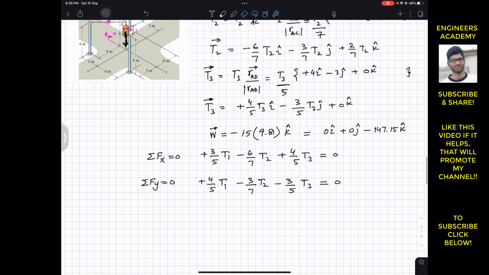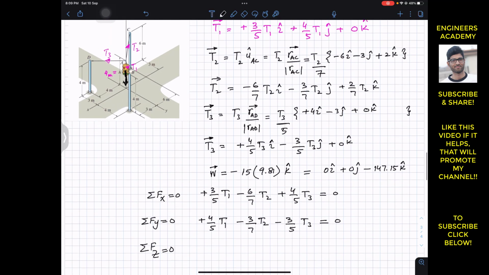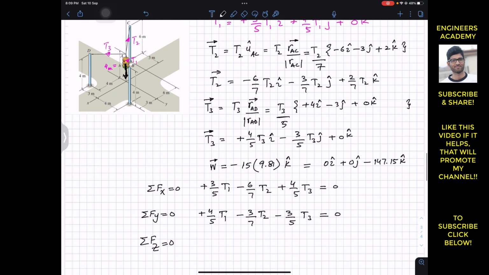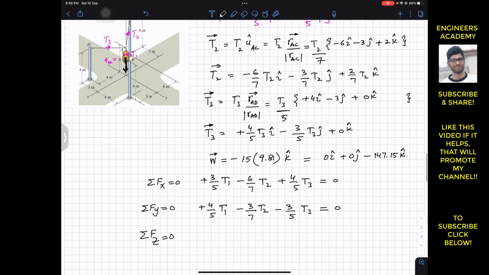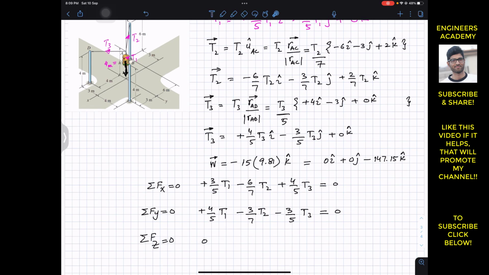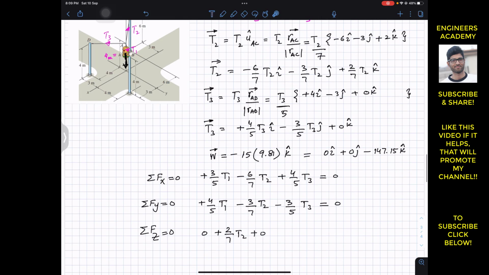And similarly the summation of the forces along the z-axis must be equal to 0. So we need to add up all the k components. So the k component of T1 is 0, so we will write that 0, and then the k component of T2 is 2 divided by 7 T2, so that will be plus 2 divided by 7 T2, and the k component of T3 is 0, this is plus 0, and we have the k component of the weight as well, right?